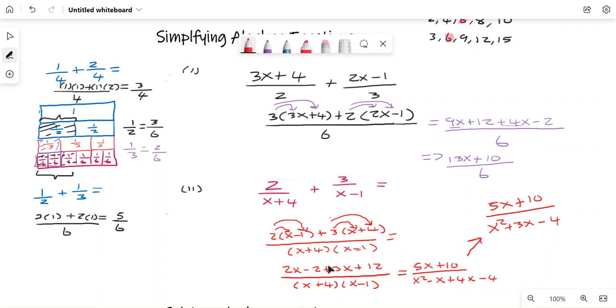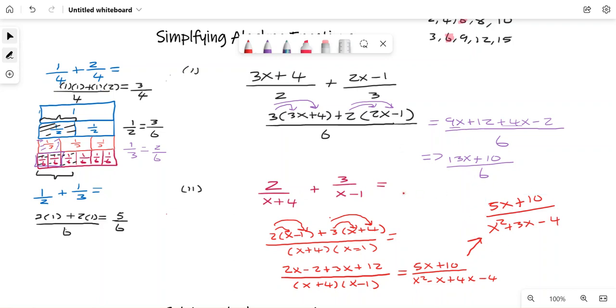Then we simplify the top part by adding up the like terms. That gives us this. Then we remove the brackets from the bottom part by multiplying these out. So that leaves us with that. And then we simplify this by adding up the like terms, and it gives us this. So when we add these two fractions, this is the answer here.